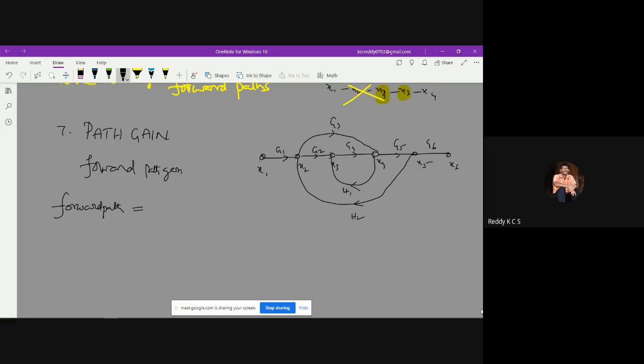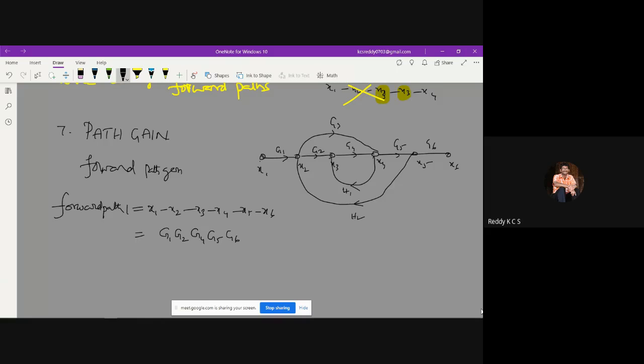There is always a straight path, as I told you: x1 to x2, x2 to x3, x4, then x5, then x6 is the one forward path. So this is forward path 1. So x1 to x2 has branch gain g1, then x2 to x3 is g2. These branch gains should be multiplied. Product is nothing but multiplication of all the branch gains: g1 into g2 into g4 into g5 into g6.